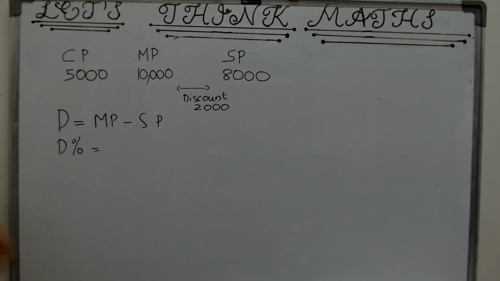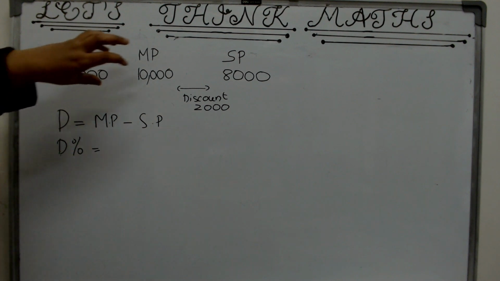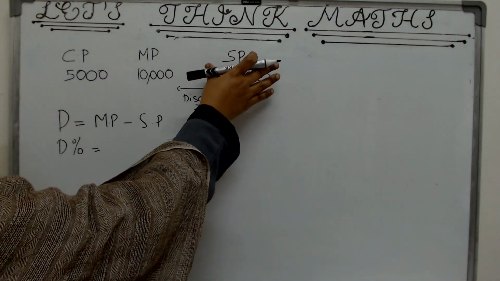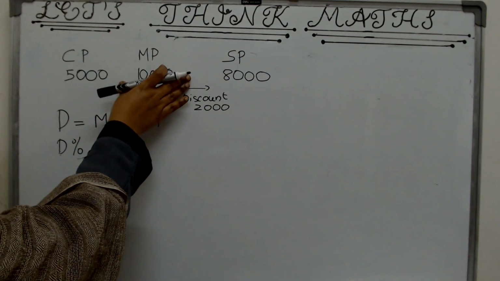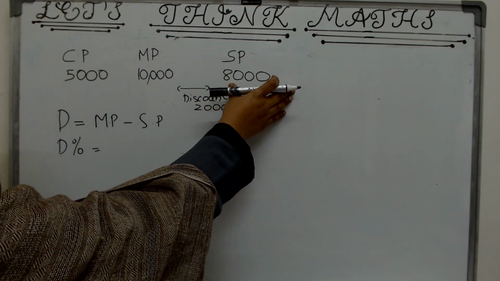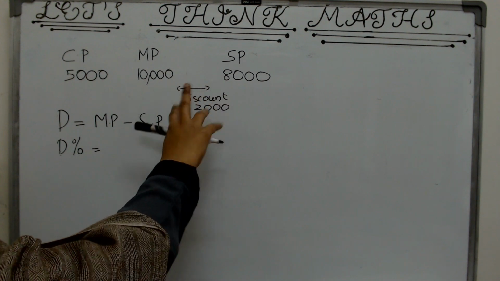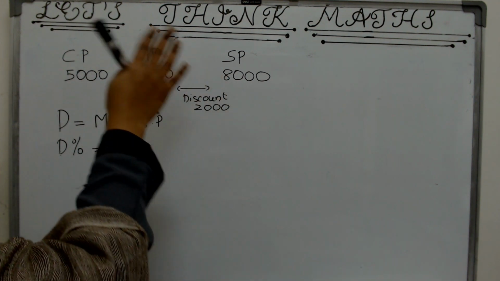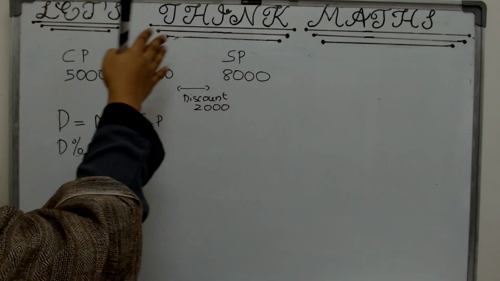The logic is very simple. You will always have an amount you start with, and there will be an amount you end with. There will be an initial amount, there will be a final amount, and there will be the difference between them. So the difference you can get by subtracting whichever is smaller from whichever is bigger.